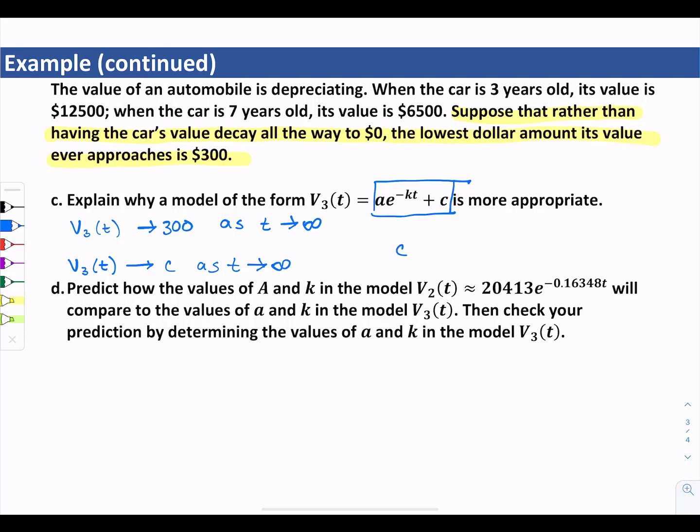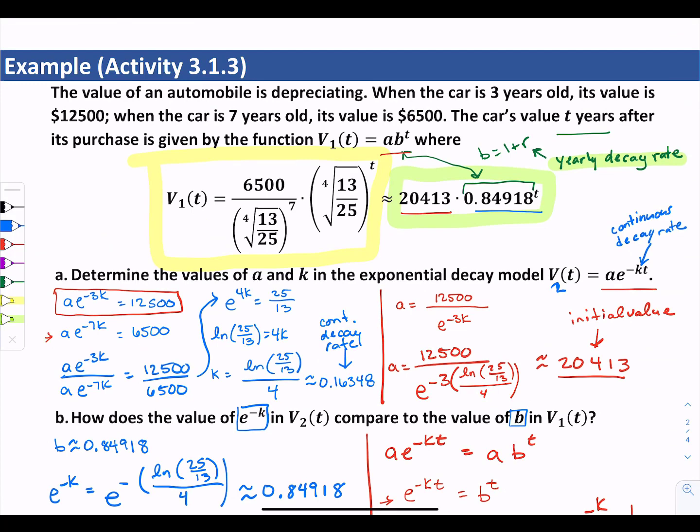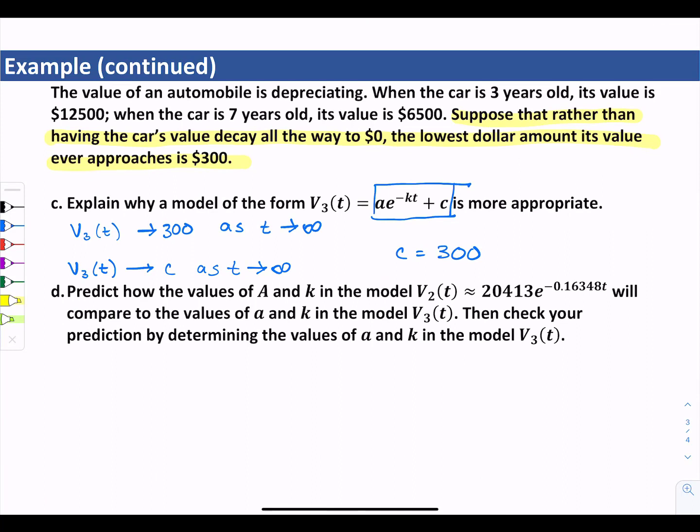So we ultimately know that c has to equal 300, and that's because the car is going to approach a value of $300, whereas previously if we were only looking at the model ae to the negative kt, that model approached 0 as time went on. So we can use this transformed model to account for the fact that the car's value approaches $300.